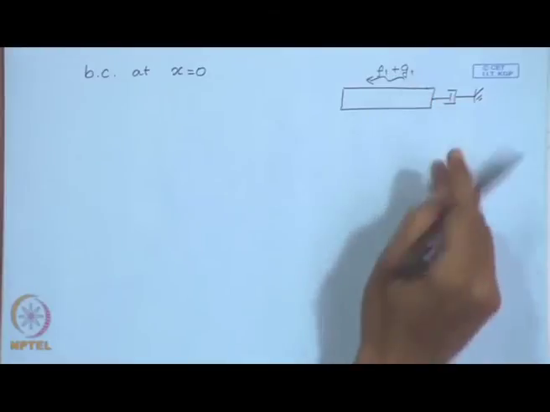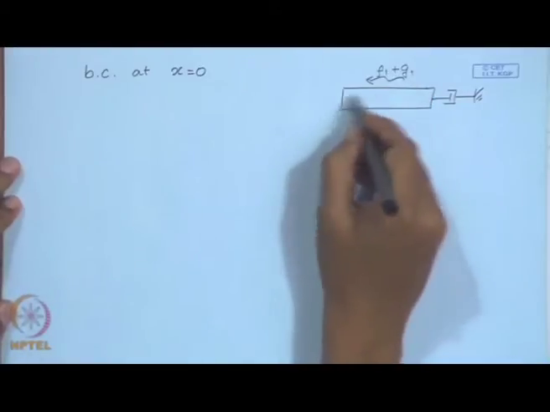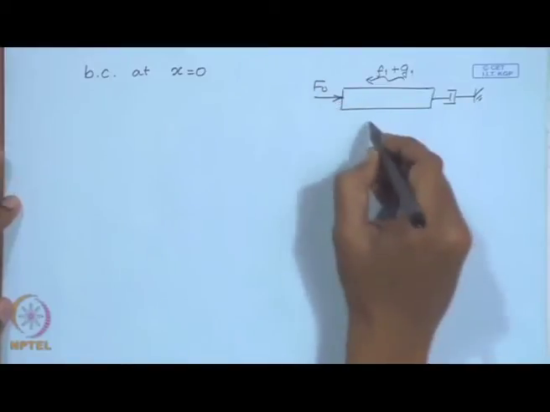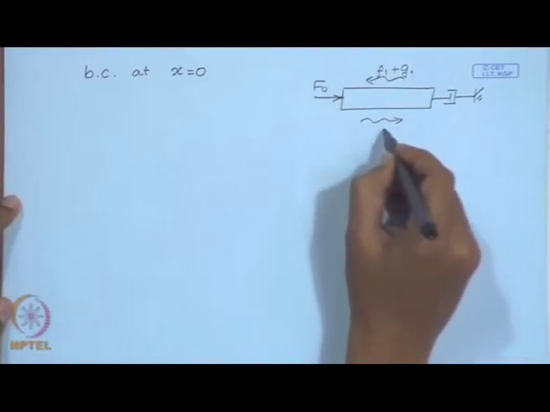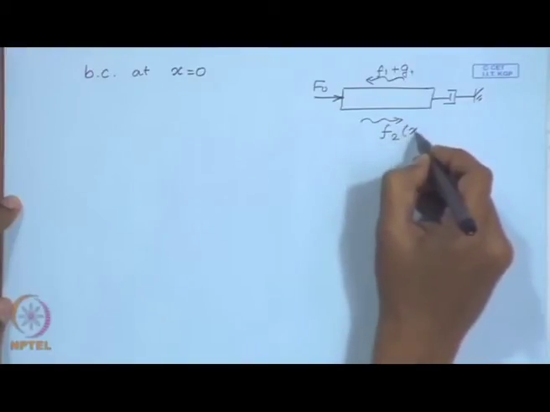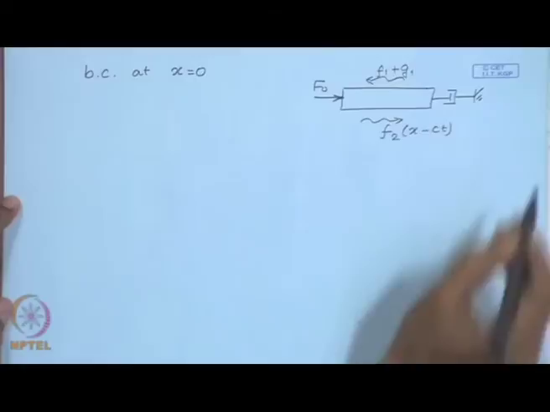I am not again writing the arguments. Now, when it reaches this left end, this constant force is already acting, so we have another reflection of a right propagating wave.